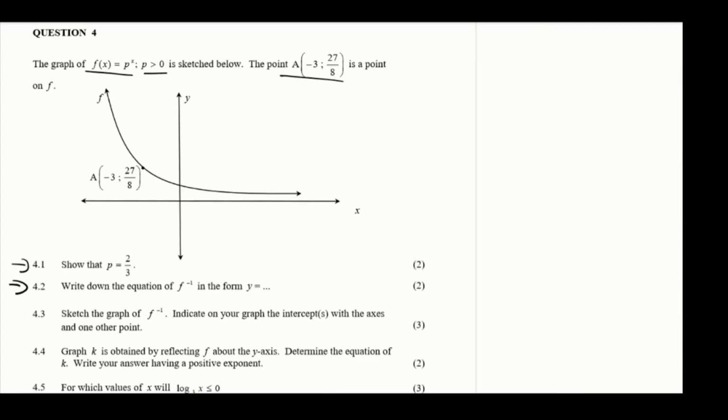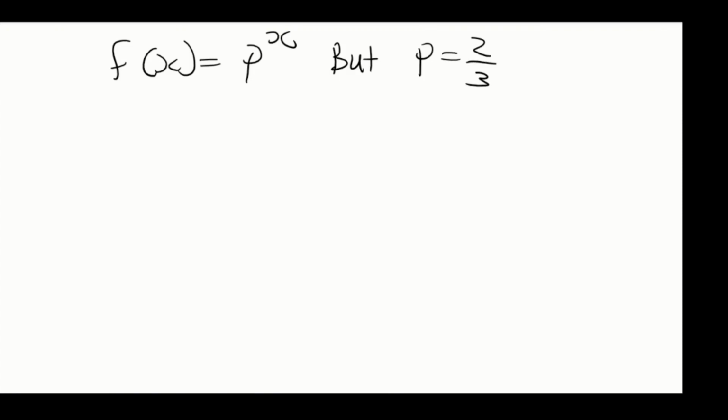So 4.2 says write down the equation of the inverse of f in the form y equals. To write the inverse, we know f of x is equal to p to the power of x, but we calculated p to be equal to 2/3, right? So we're going to substitute that p, so it's going to be (2/3) to the power of x, right?